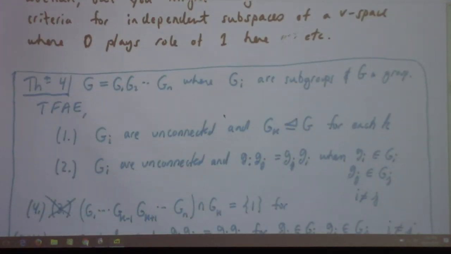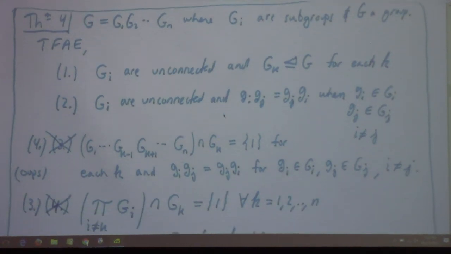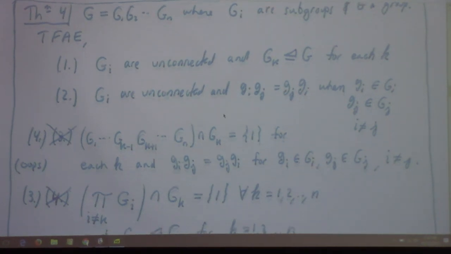All right, this is not quite 321 though, because our groups are non-commutative. Vector addition is commutative, so it's not just straight vector space or anything like that. But there is a list of equivalent conditions: unconnected, normality of each factor, or the fact that you can commute things from different factors is equivalent to normality.